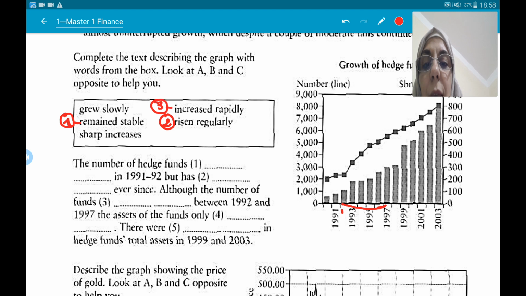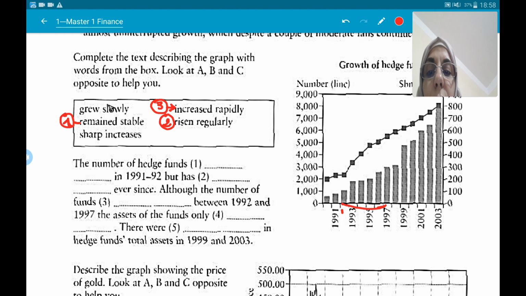Number 3, increased rapidly, between these years. The assets of the funds only, number 4, grew slowly.